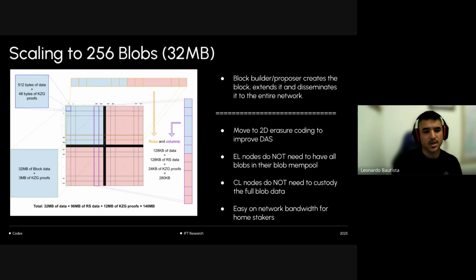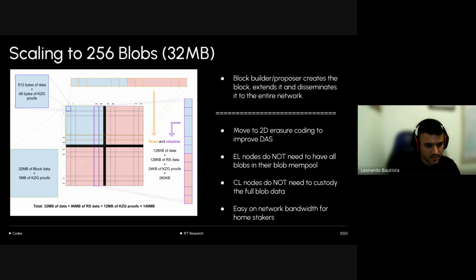That's on one side. And on the other side, it also allows you to much more easily detect whether the data is available or not, because now you don't need to sample that much. This is a simple probability computation.